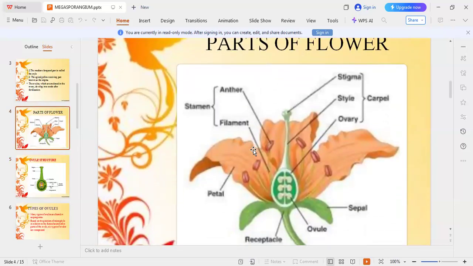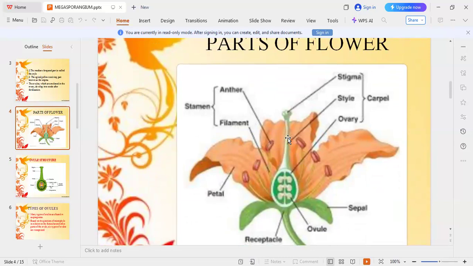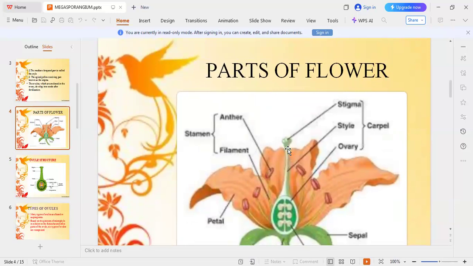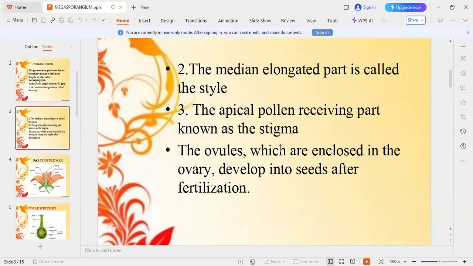You can see here, as I showed yesterday, the complete structure of the parts of the flower: ovules, style, stigma. This is the ovary, filled with ovules. These three portions together are called the carpel, or megasporophyll.